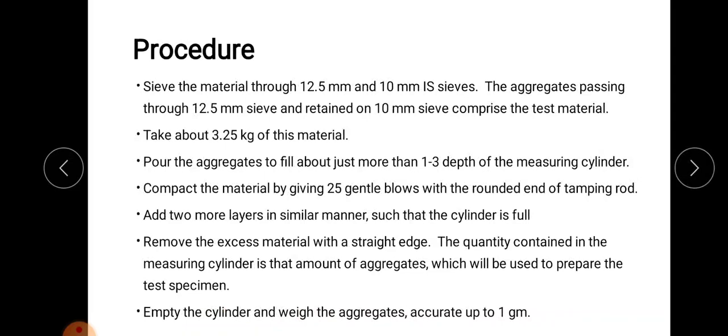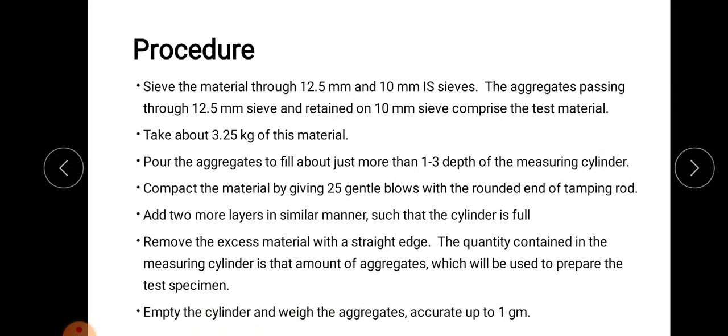Next we can discuss the procedure. For this aggregate crushing value test, we are using the aggregate within the range 12.5 mm and 10 mm. That is, we are sieving the aggregate through 12.5 mm. The aggregate which passes through the 12.5 mm sieve and is retained on the 10 mm sieve is used for the aggregate crushing value test.